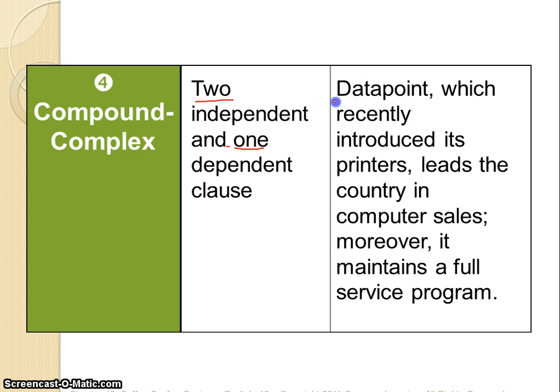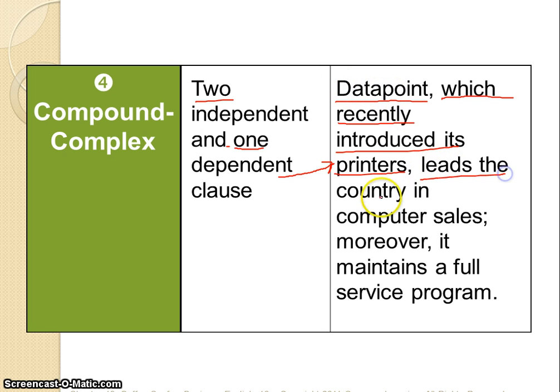Okay, so we have Data Point, which recently introduced its printers. I'm going to say that which recently introduced its printers is our dependent clause. And notice that it's interrupting the flow of the sentence. Do we really need this information? No. So we're separating it by commas.